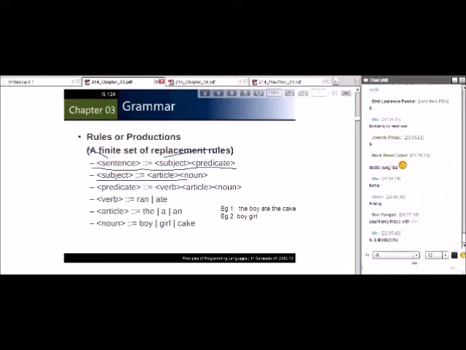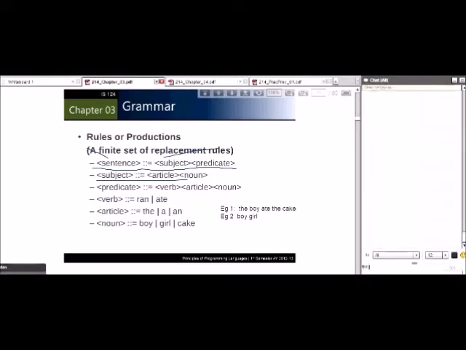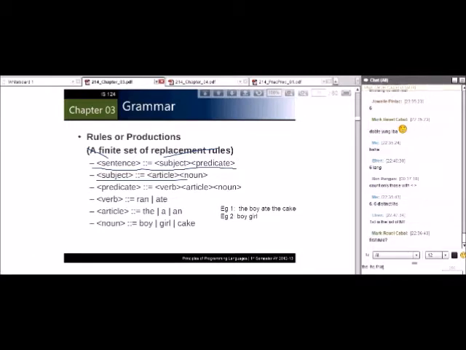So we have to select a starting point. Now, how do we select a starting point? Does anyone know how we select the starting point? Anyone? Walang gusto sumagot.